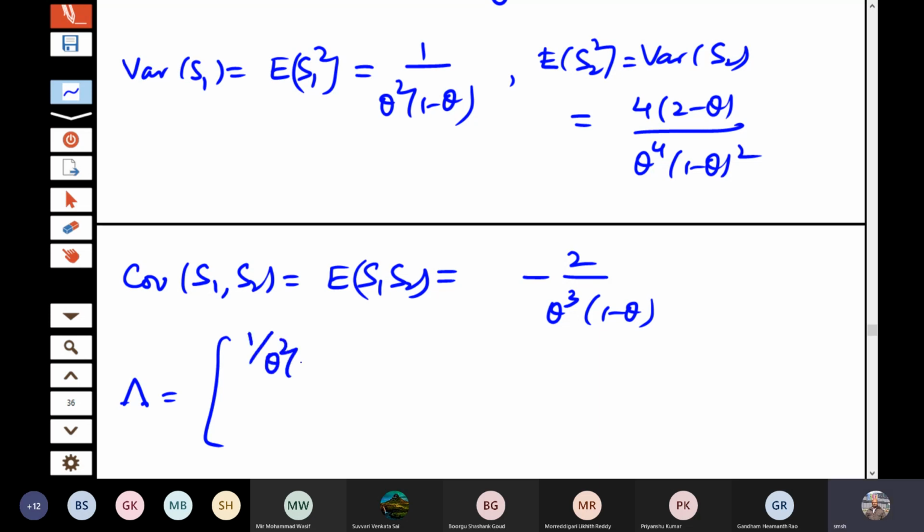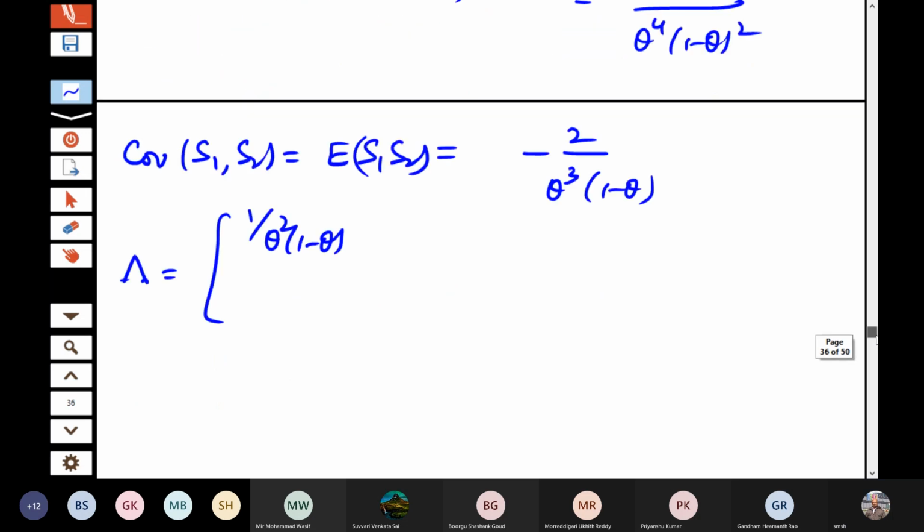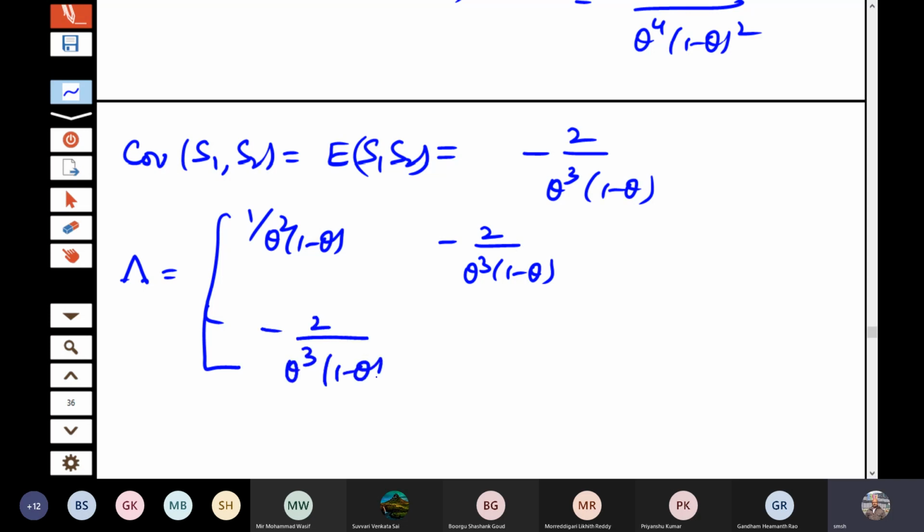So the lambda matrix you will get as 1 by theta square into (1 minus theta), minus 2 by theta cube (1 minus theta), minus 2 by theta cube (1 minus theta), and 4 into (2 minus theta) divided by theta to the power 4 (1 minus theta) square.